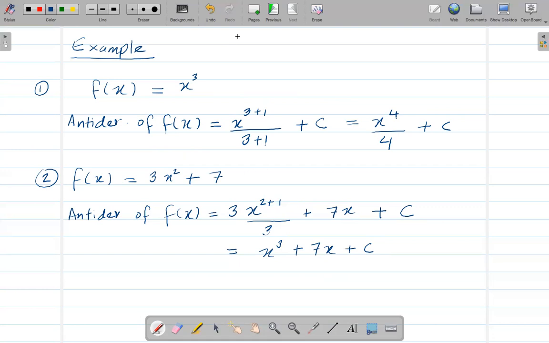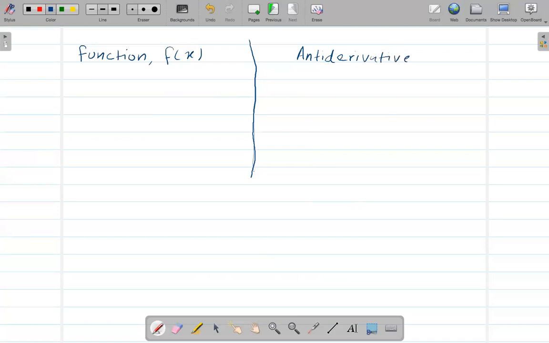But what about when you're taking the antiderivative of some trig function? Let's say the function f of x is in this column, and the antiderivative of that function is in this column.